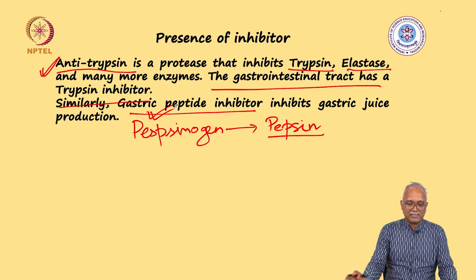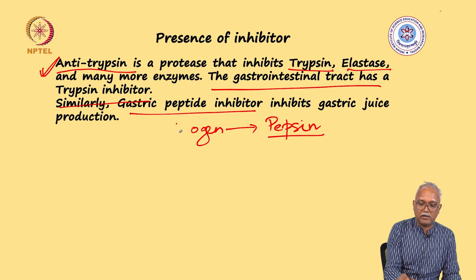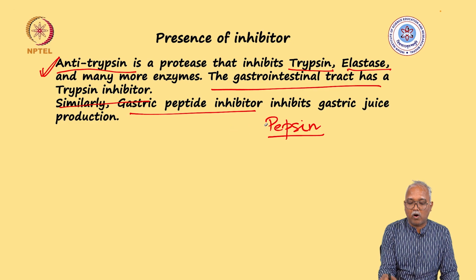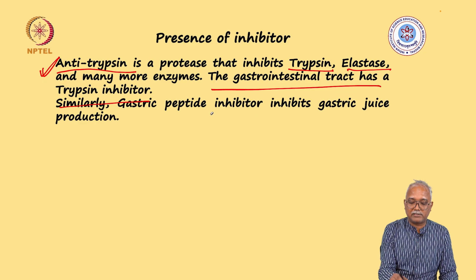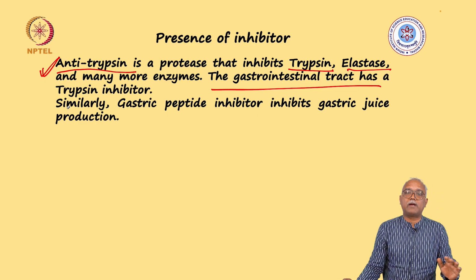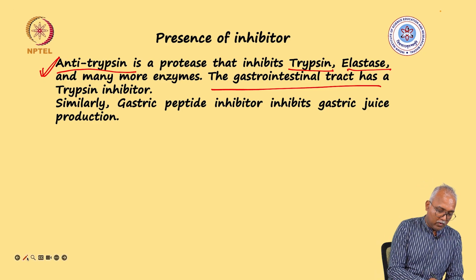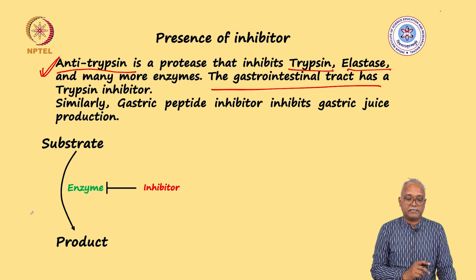So what you understand is that you can have an inhibitor to ensure that the super active molecule, or the signaling which has started, is brought to an end, or that something which was active is made inactive.